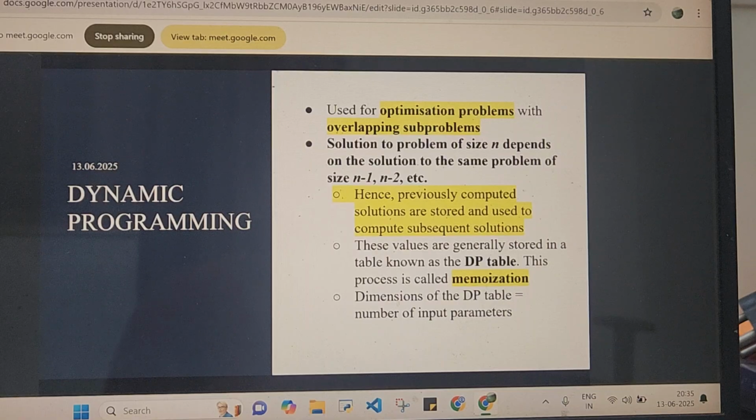Now, that the dimensions of the DP table equal the number of input parameters is something you will get accustomed to as you solve examples, so I'll not waste too much time on that. The key idea of dynamic programming is optimization problem, overlapping subproblems. The solution to a big problem depends on the solutions to the smaller problems, and you store the smaller solutions in a DP table and keep reusing them.